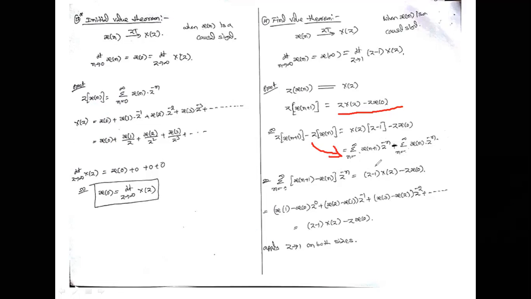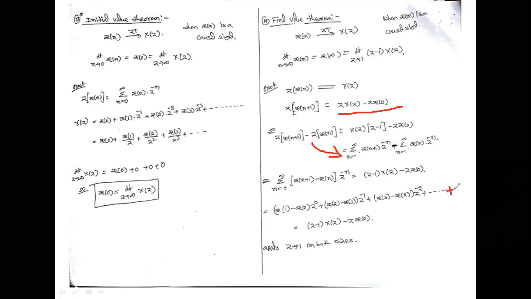And in the right hand side, z minus 1 x of z minus z into x of 0. Expand this function: substitute there, x of 1 minus x of 0 z power 0, x of 2 minus x of 1 z power minus 1, x of 3 minus x of 2 z power minus 2, and so on. And you can write this here also.